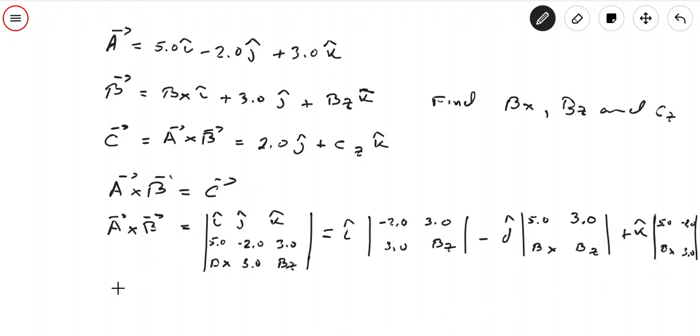So when I solve those determinants, I'm going to convert this process into something very simple.